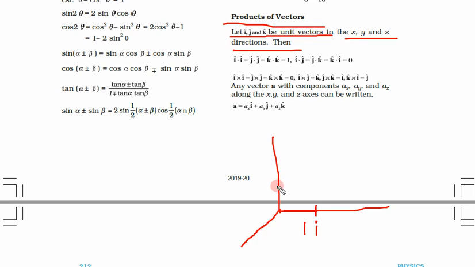Now we move 2 steps in Y direction. So we have reached this point, 1 step i, 2 steps j. So 2 is 2j. So 1i, 2j. Now we are moving towards Z direction.